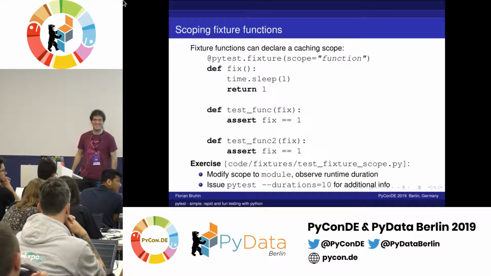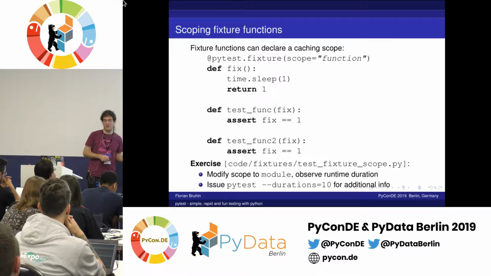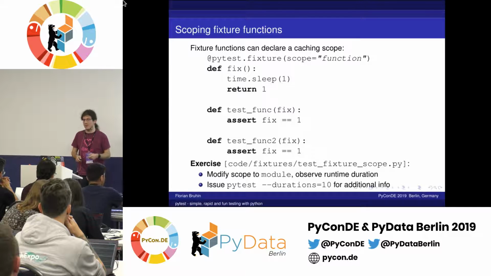So quite often, if we set up some kind of objects for tests, we also need to somehow clean things up again. Let's say for a database, maybe we would want to close the connection or roll back all changes after every test, maybe.